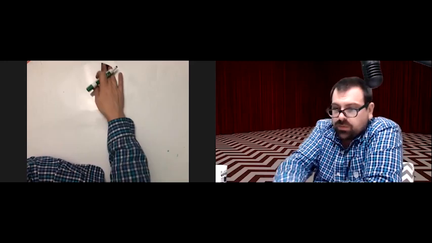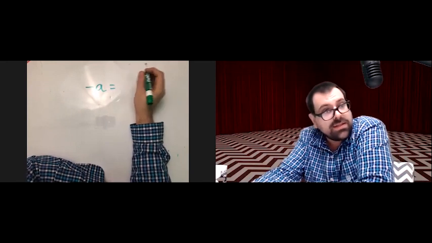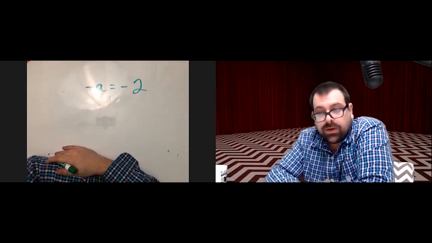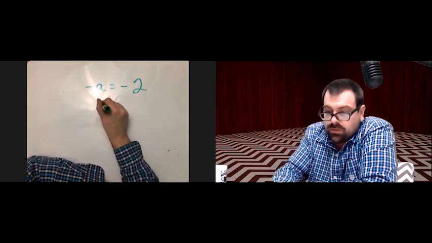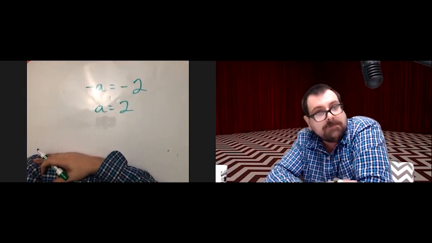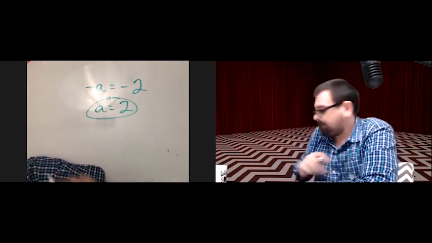Since we know that's going to work out, if you get it all the way down to the opposite of the variable is whatever, you can just go, oh, well, I'll just take the opposite then. Take the opposite of both sides, get your answer.